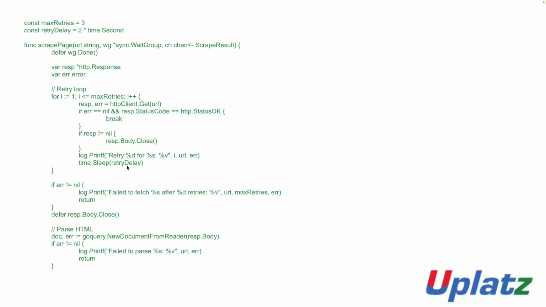Then sleep for retryDelay, these 2 seconds. Then, if err is not equal to nil, log.Printf failed to fetch after retries, the max retries error. Then defer resp.Body.Close(), if resp.Body is not equal to nil, otherwise the error from the get.